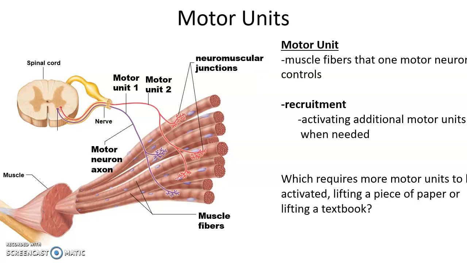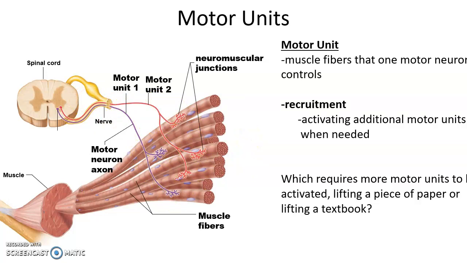So only what's needed, only how strong the contraction needs to be, is necessary to recruit. All the different somatic motor neurons that come into the muscle are able to control a subset of the muscle fibers. So as we see here, motor unit 2 controls 3, motor unit 1 controls 2, and so on.